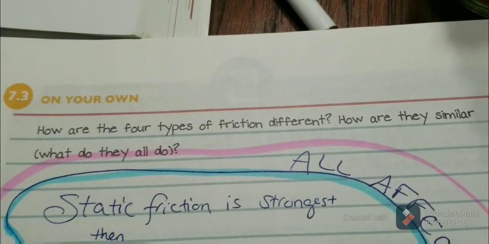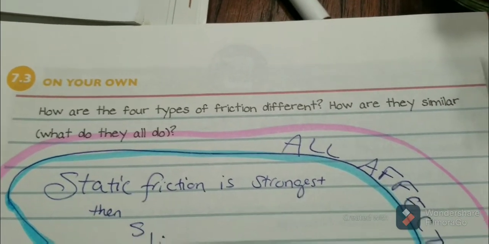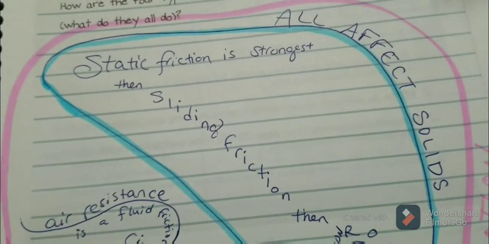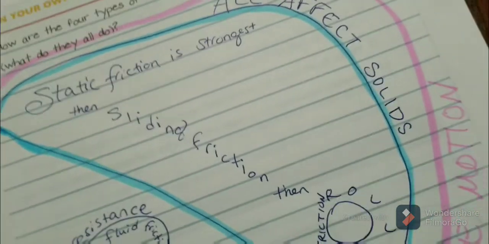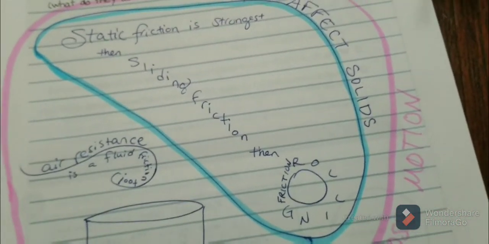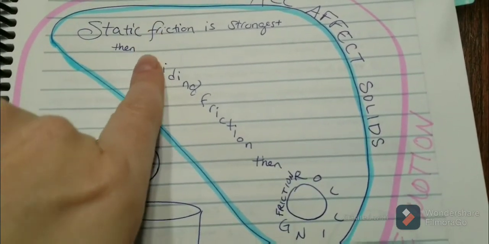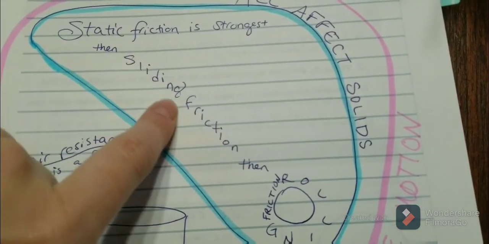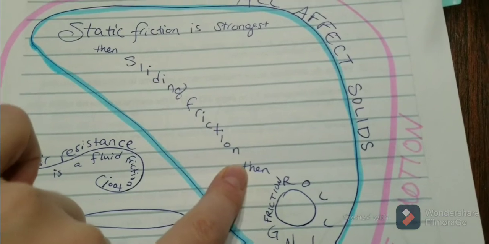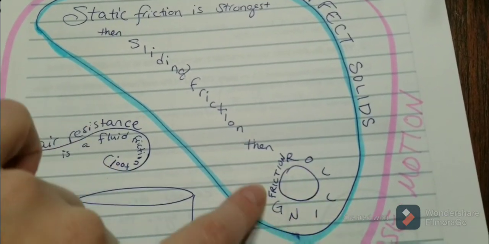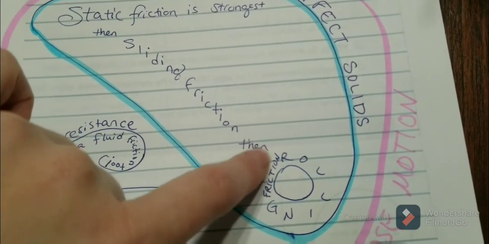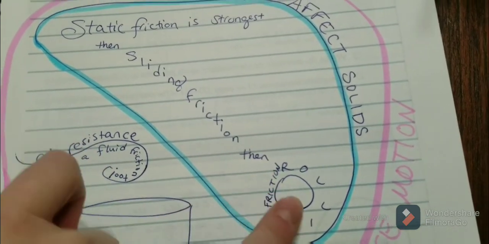All right, I got artsy on this one. How are the 4 types of friction different, and how are they similar, and what do they do? Okay, so here we have, see if I can get this all in here. In the blue, you have static friction is strongest, and then sliding friction is next strongest, and then rolling friction. That is not going to roll really well because that friction's too flat there.